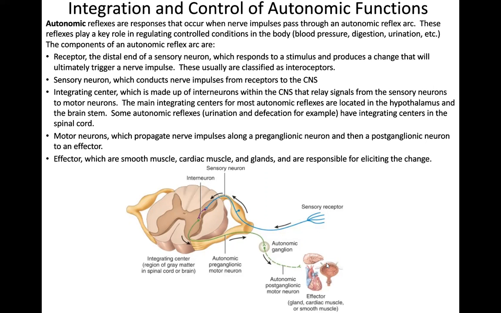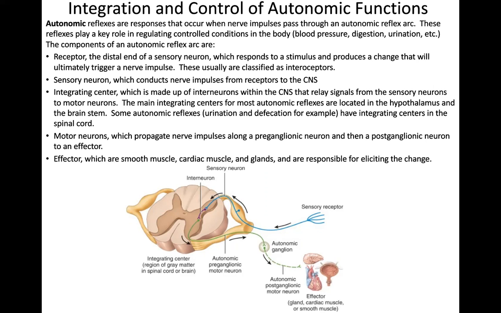Well, in the case of autonomic reflexes, these play a lot more complicated roles in the body, something much more complex than kicking your leg out when you tap the patellar tendon. I'm talking about regulating things like your blood pressure, digestion, urination. Some of these things we'll get into in great detail.